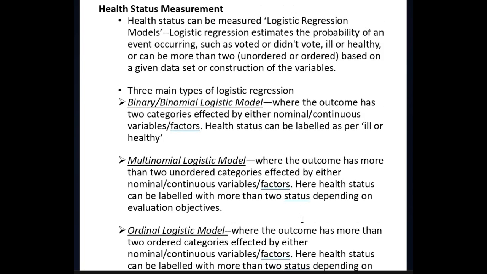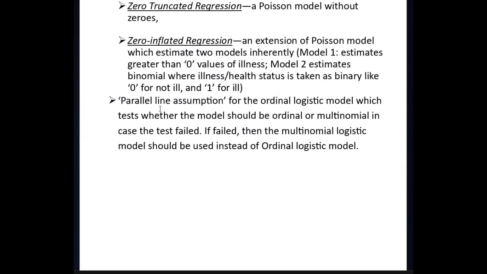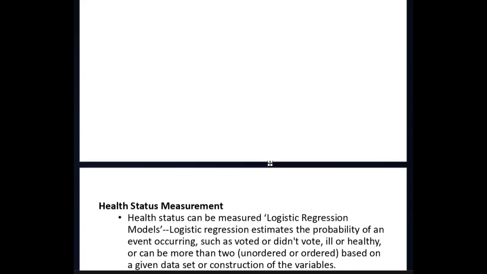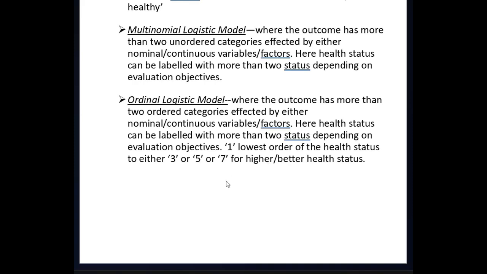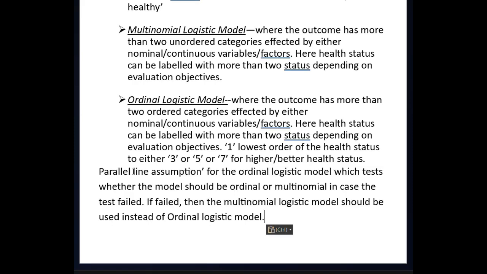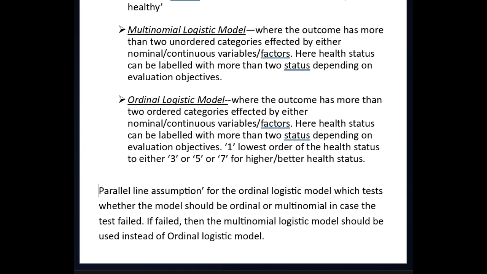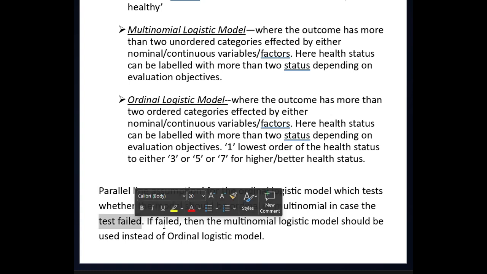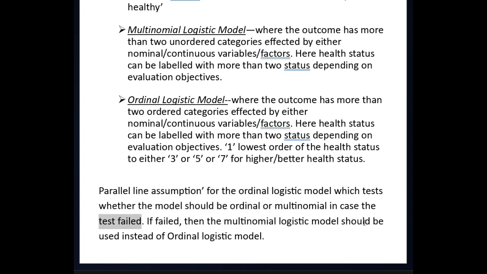Now remember that there is one assumption which you should test, called the parallel line assumption. This parallel line assumption checks whether there is order in your health status variable or not. If there is no order, meaning the test failed, then the multinomial logistic model should be used instead of the ordinal logistic model, right?